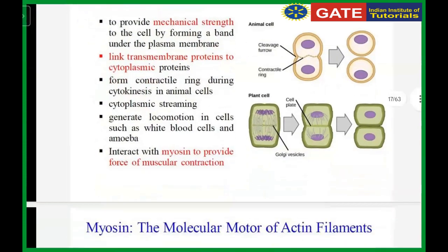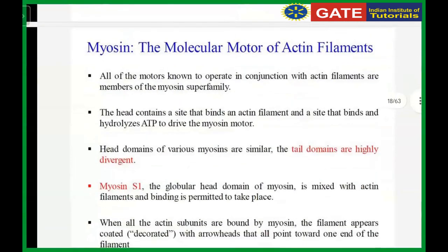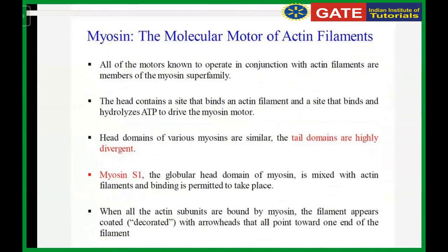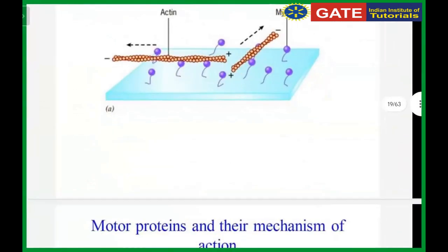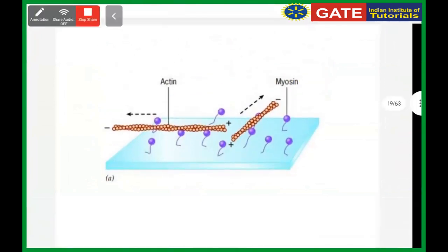For actin filaments, the only motor protein is the myosin family of proteins. Myosin has a globular head and a tail, so it has the ability to bind to actin. Look at the image.